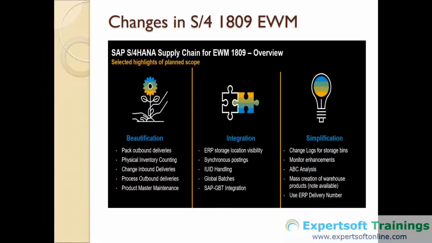From 1610, EWM was introduced in the S4 systems, and after that we have 1709 where TM also came into the picture, and after that 1809. In each release, a few features were added to the systems, like a few Fiori screens and functionalities like reverse functionalities and packaging functionalities. With each release they tried to give the most advanced features and make it easier.